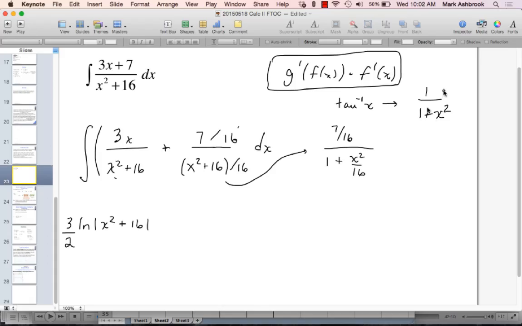But what we really have with the derivative of tangent inverse is 1 over 1 plus something squared. Not something squared over a number. So the last thing we need to do is transform this into something squared, and we have it. If it's some function of x squared, what goes in there? x over 4.